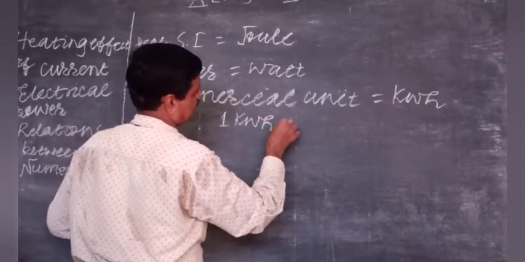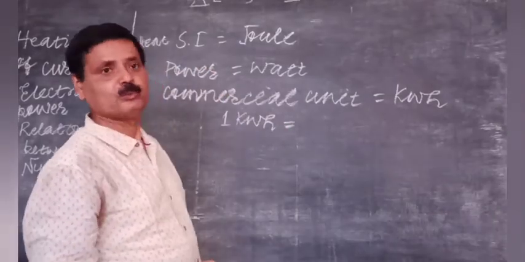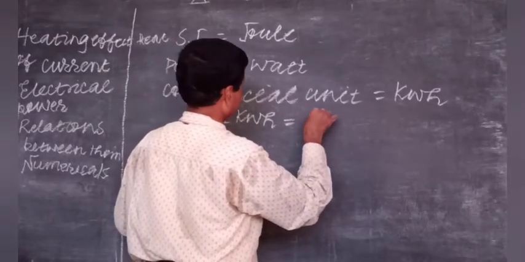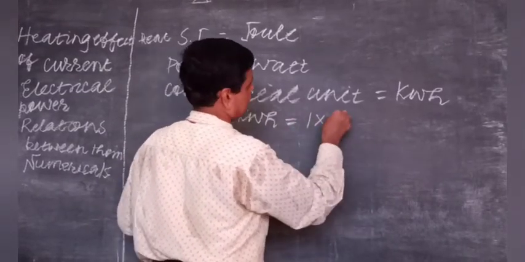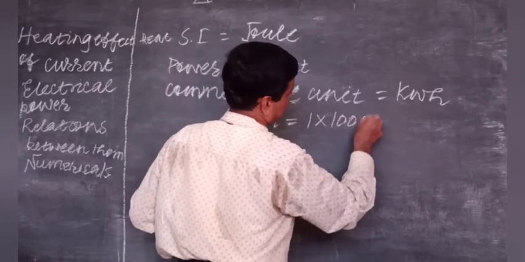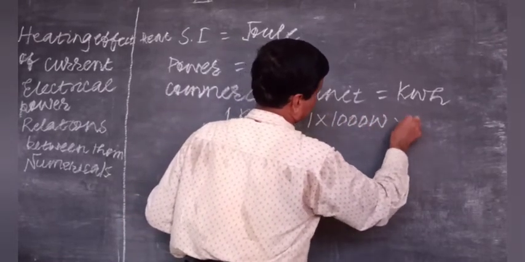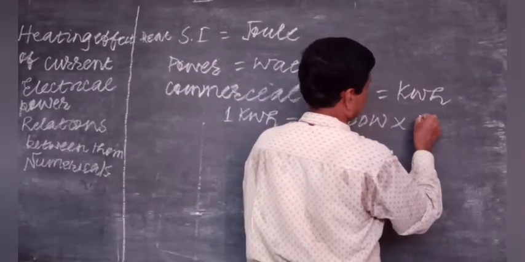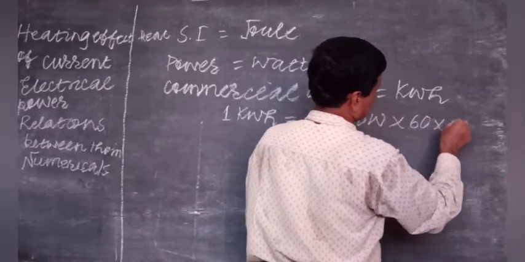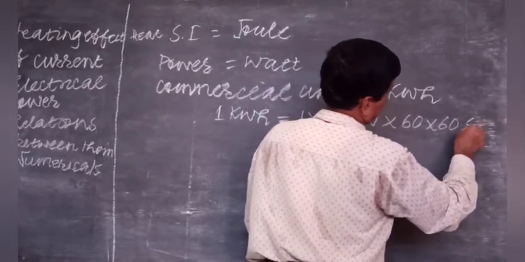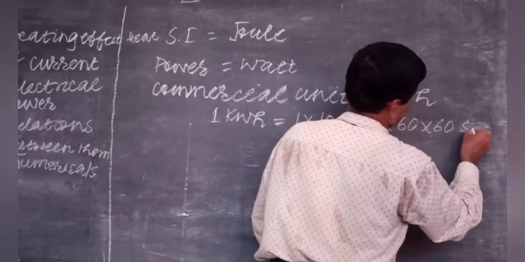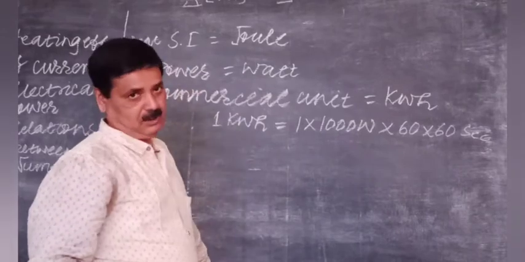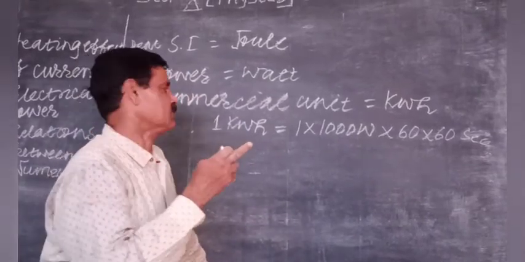There is a relation between kilowatt hour and joule. 1 kilowatt hour can be written as 1 kilowatt, which is 1000 watt, into hour. 1 hour is equal to how much? 60 into 60 seconds. 1 hour means 60 minutes, and 1 minute is 60 seconds.